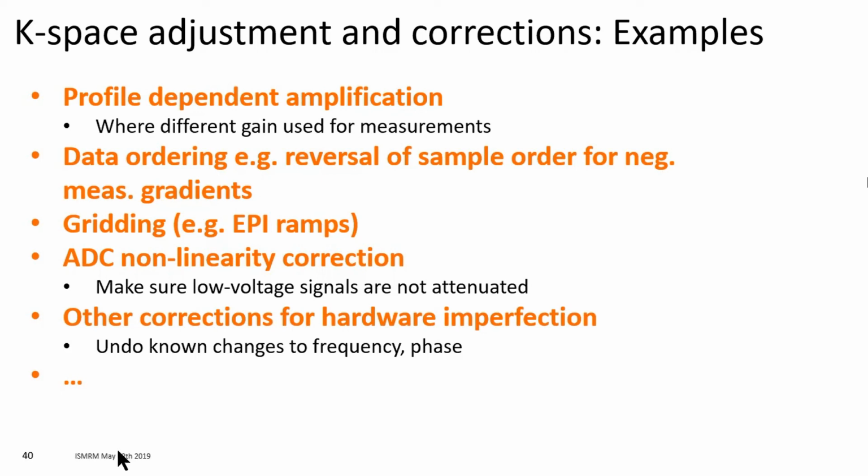And all these steps are taken to make it so that the raw MRI signal that we have before we create our MR image is as close as possible to a perfect MR system, which of course is impossible to make, but we can correct for the limitations of hardware that is made.